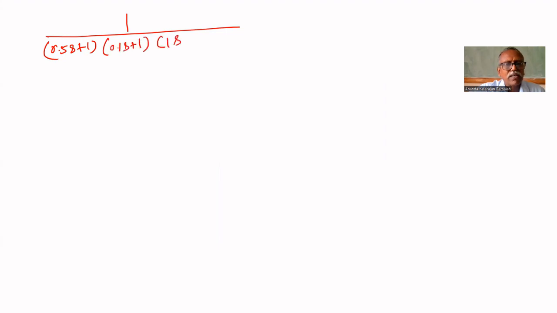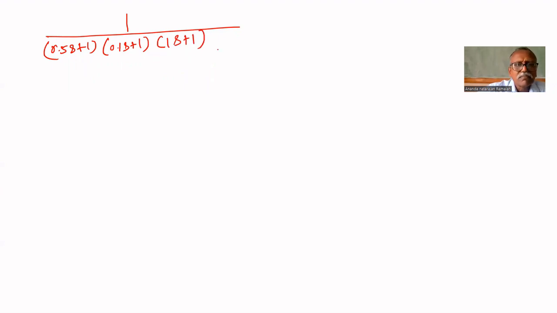Now, let us consider an example process. Let us consider a third order process, 1 upon 0.5 S plus 1, 0.1 S plus 1 and 1 S plus 1.